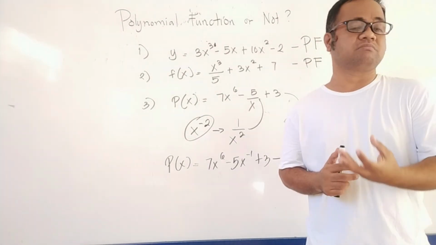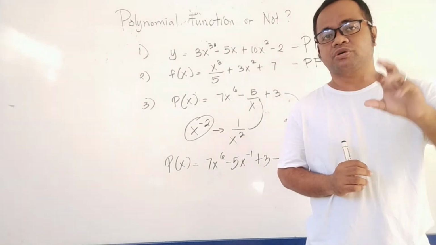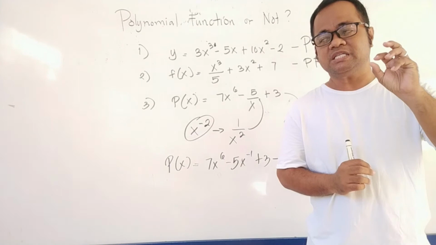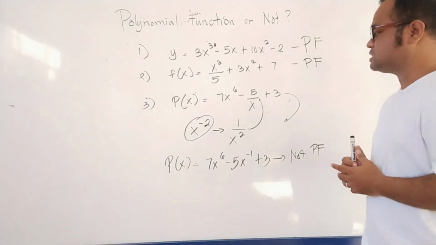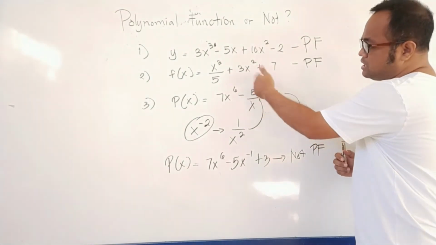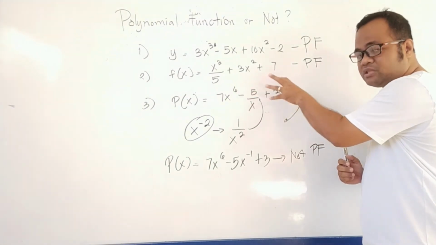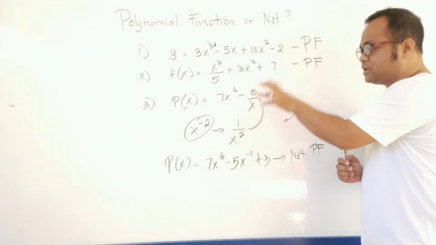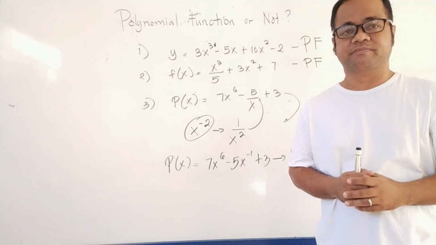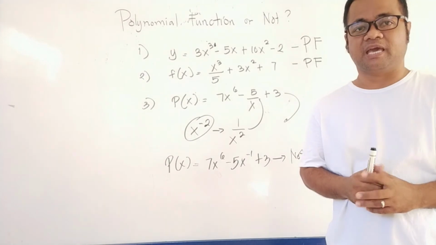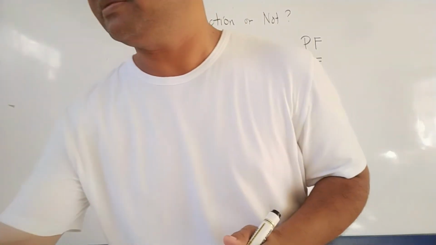Why is there a possibility? It is because sometimes you can reduce the given expression in such a way that you can cancel out the variable x. But in this case, there is no possibility that you can cancel this x, right? So, it is irreducible. So, therefore, this is not a polynomial function.